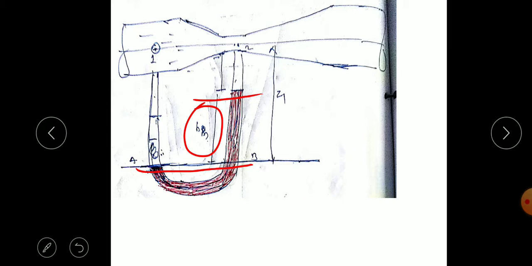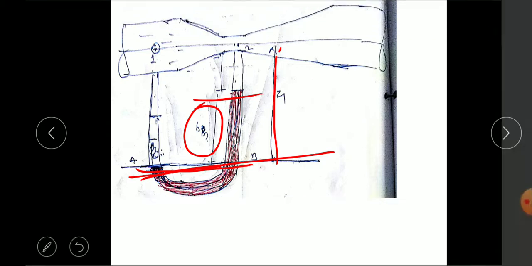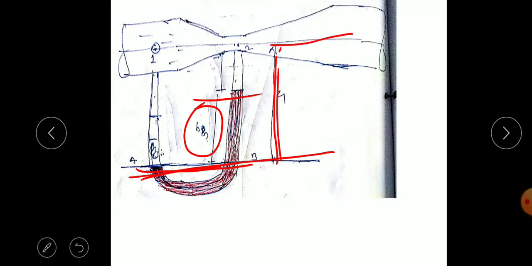Now if you take the datum line along here, Z1 is the height of the fluid flowing through the pipe from the center of the pipe to the datum line. HM is the height of the manometric fluid.